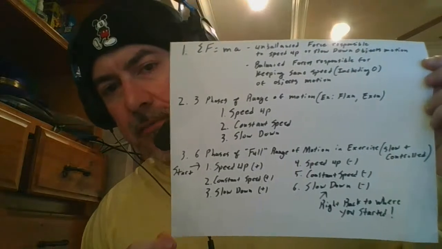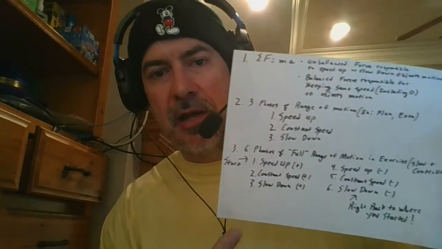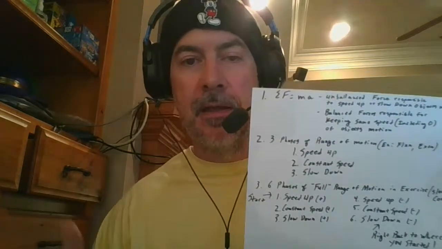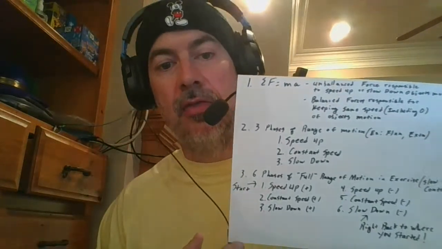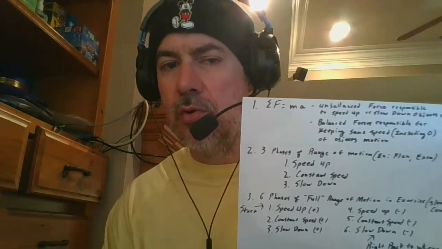Remember in 310 where we looked at exercises and muscles and we broke the ranges of motion into phases, right? Speeding up, constant velocity, slowing down. And in 310, I taught you guys to recognize who's greater than who. In other words, who is responsible for speeding up, who's responsible for slowing down, and then obviously if it's the same, they tie.